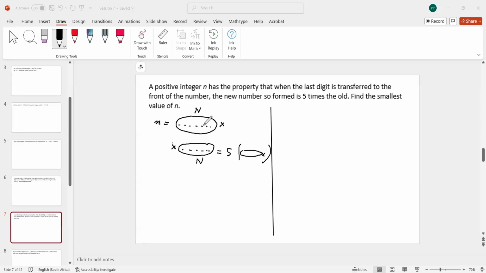And so there's a problem here because you see 5 times, this is the old number. Try it like this. Now, the point is now, this number here, can you write it in terms of x and n? You got x right in the front here. So this is the new number.